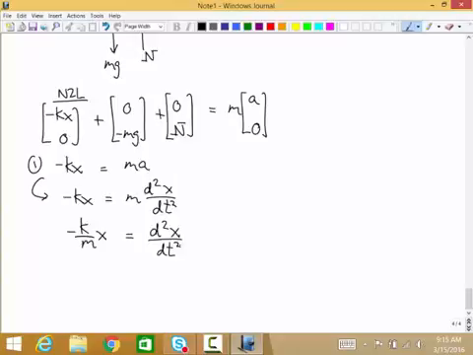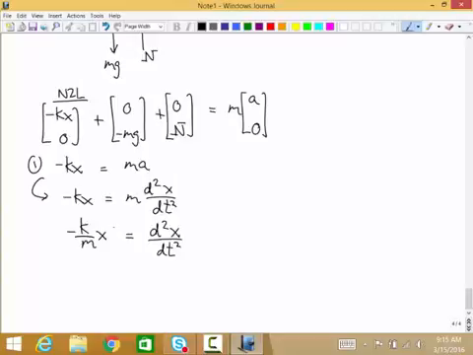Can you think of any functions that would satisfy that? There are two possibilities. Sine and cosine, yeah, very good. And so in this case, it's going to be cosine.